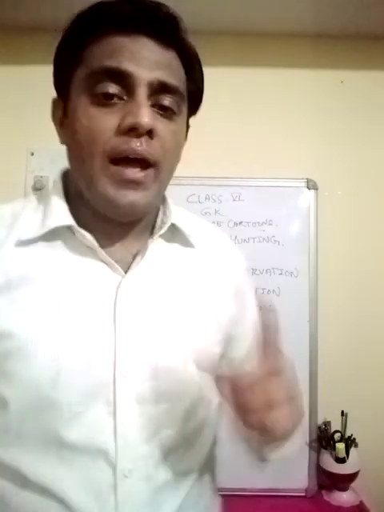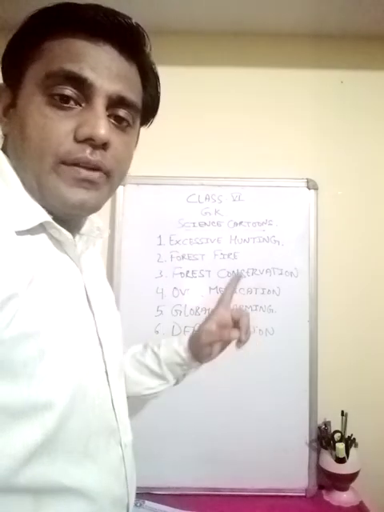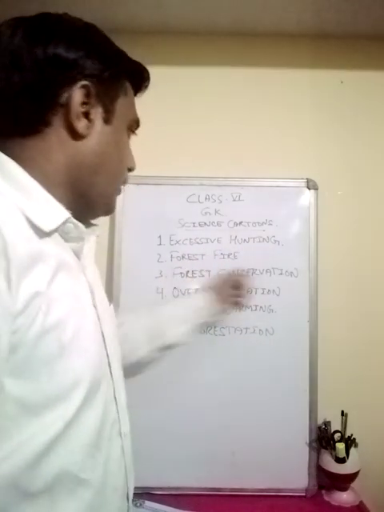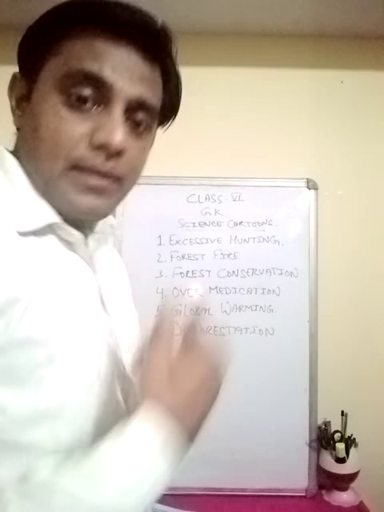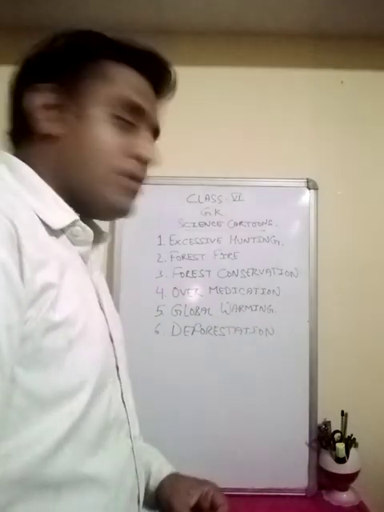Now dear children, as far as your homework goes, I have mentioned 6 ecological problems here: excessive hunting, forest fire, forest conservation, over medication, this one is a human problem, global warming and deforestation.